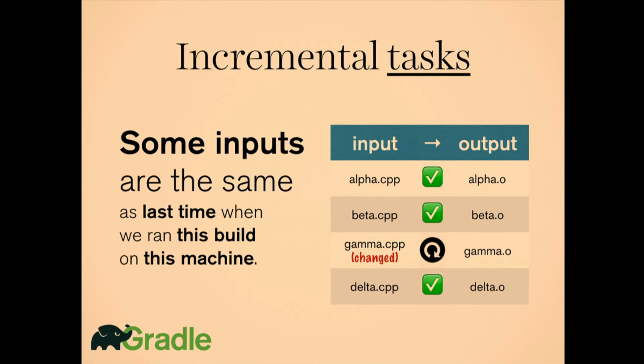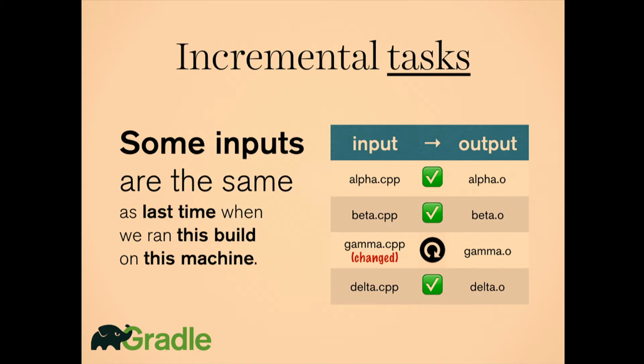For each source file, you execute a rather slow compiler. So incremental tasks is a feature where Gradle can tell your task which of the input files of the task are out of date and need to be reprocessed, right?